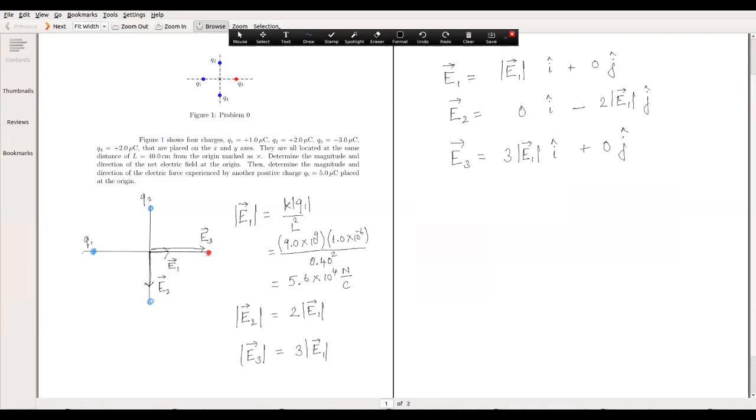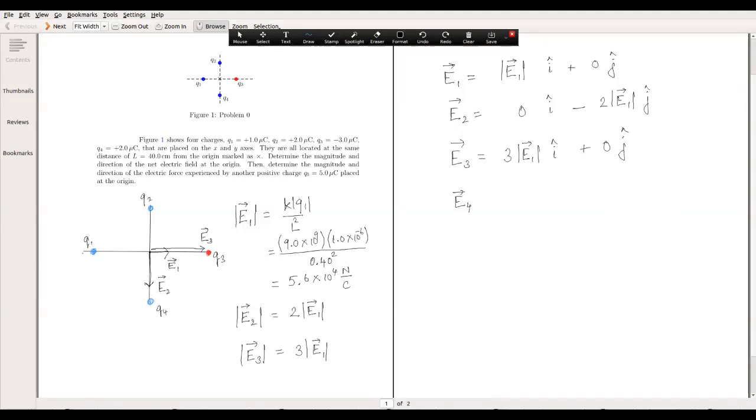Finally, we work with E4. Let's see what the direction and magnitude are. At the observation point, we have Q4 here, and earlier we were working with Q3. Q4 is actually 2 times that of Q1, so it will be exactly the size of E2.